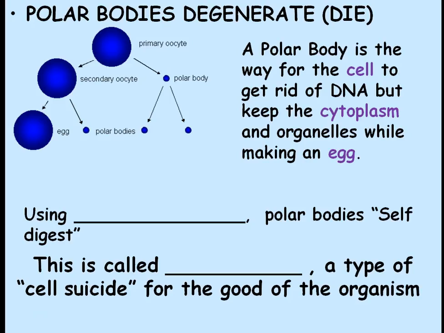Okay, so let's talk about these polar bodies. What do the polar bodies actually do? Well, they are actually quite useless, so what they will be doing instead is getting digested. Think about which organelle plays a really important role in digesting unwanted materials. Lysosomes.